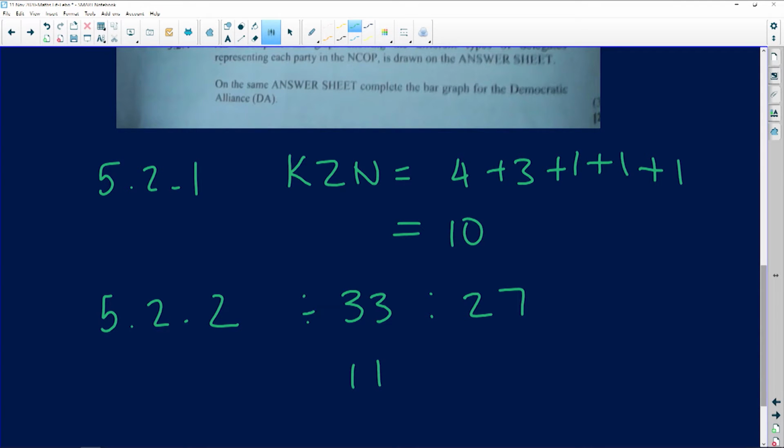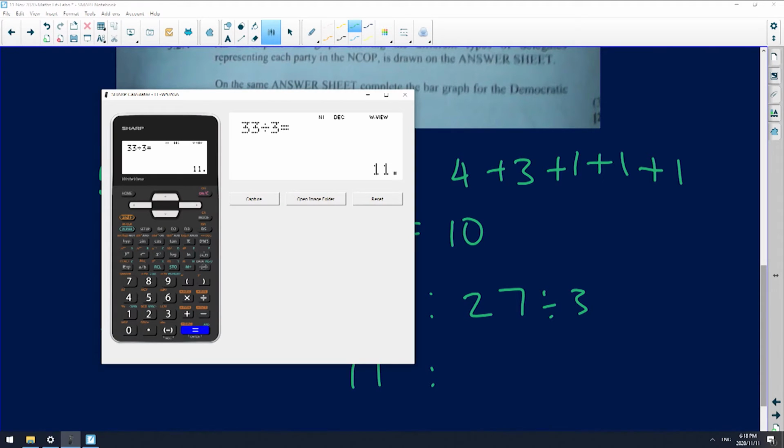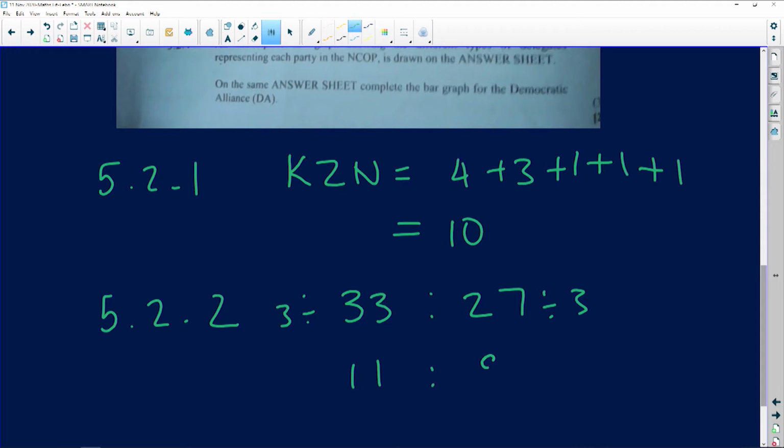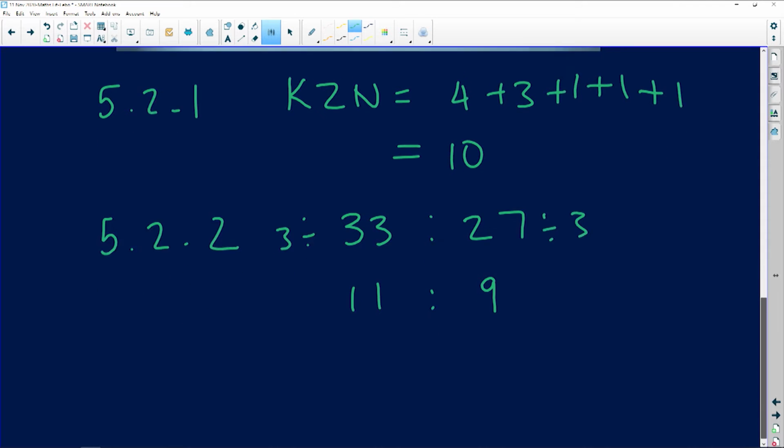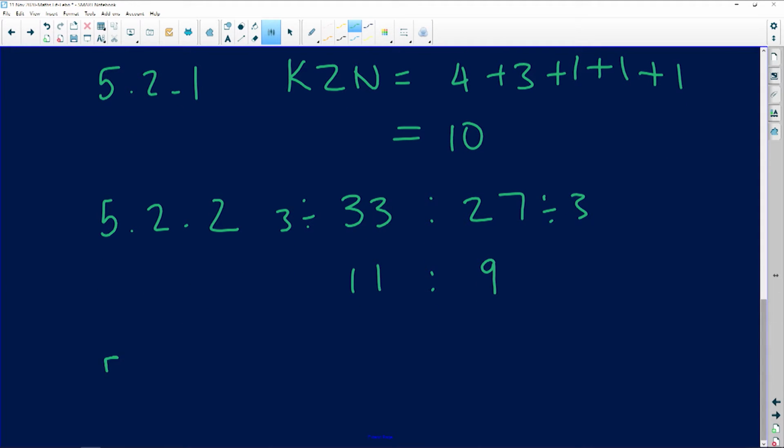So I'm using the same number for both sides to simplify it. 27 divided by 3. You can use trial and error if you have a bit of a problem, but because I have a bit of a trained eye and I know my factors and multiples, I'm not having a huge problem in terms of that.